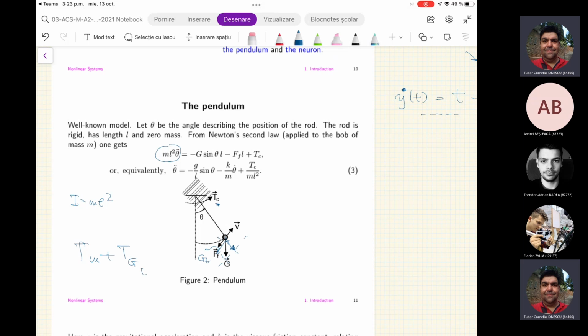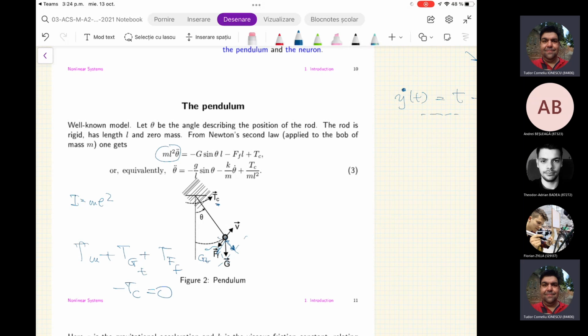So this is the torque of the tangential gravity, because the normal gravity has no influence whatsoever on the motion of the pendulum. Plus the torque given by the friction force, minus the external torque. This should be 0. This is the second motion law from the Newtonian point of view of the rotation motion of such a pendulum.